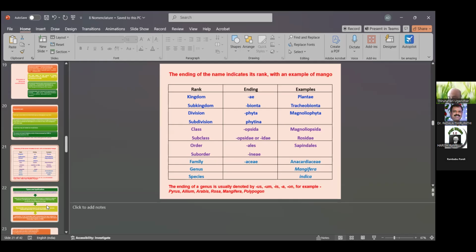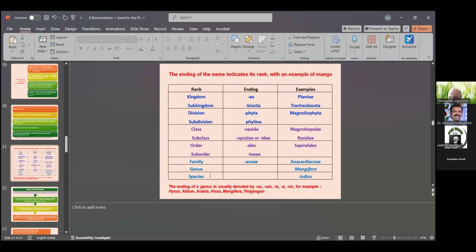This is the correct name, with suffixes based on the scientific classification system. How many steps are there in total? Kingdom or subkingdom, one. Division, subdivision, two. Class, subclass, three. Order, suborder, four. Family, five. Genus, six.